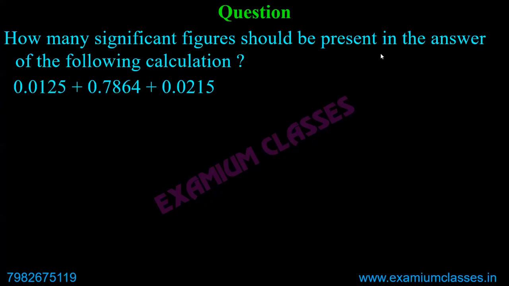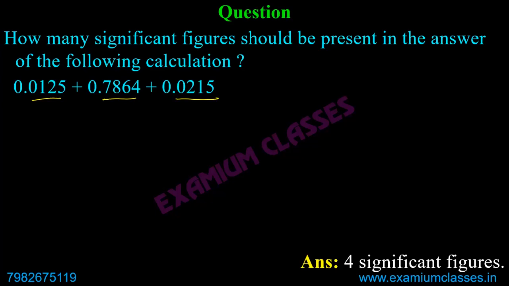Now, in this case, you will have to add. And the reason is, even if you don't add, there might be a possibility. I'll tell you why you need to add. So first of all, how many decimal places are there? Remember, in case of addition, in chemistry, the rule is different.